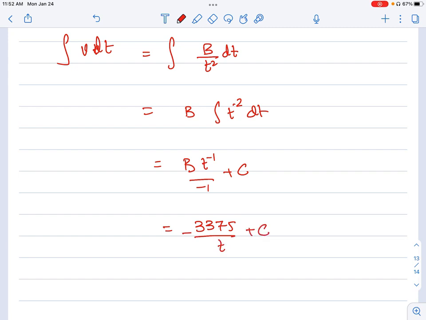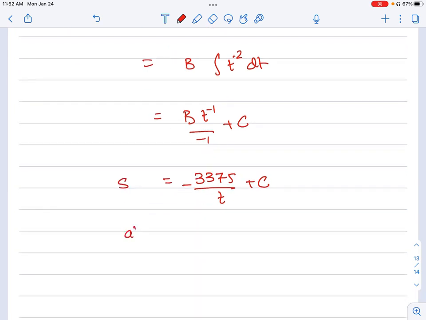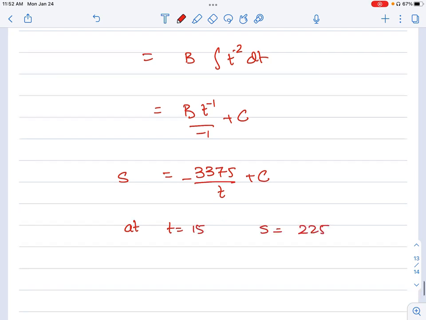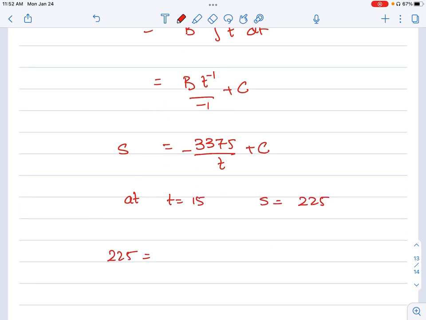Now we know that this is a distance, and at t equal to 15 the distance is 225. So 225 is equal to minus 3375 upon 15 plus c.